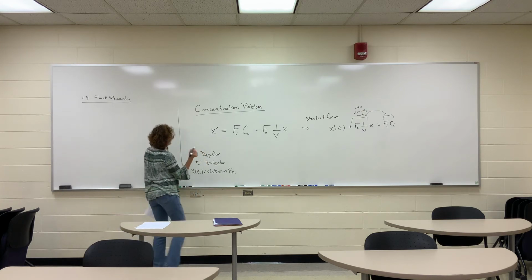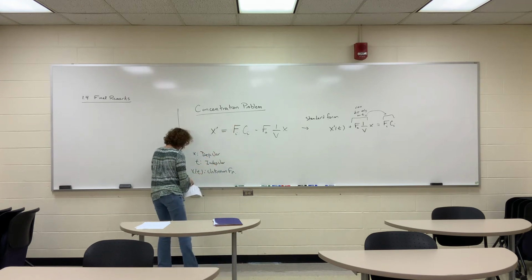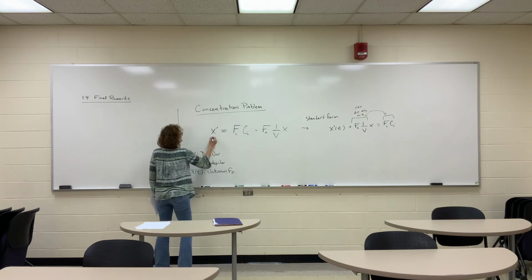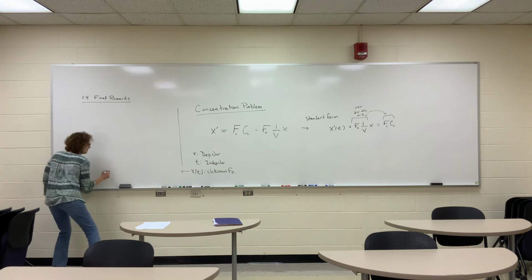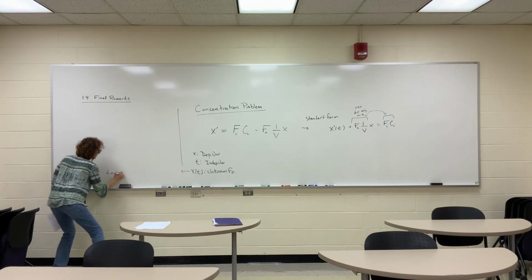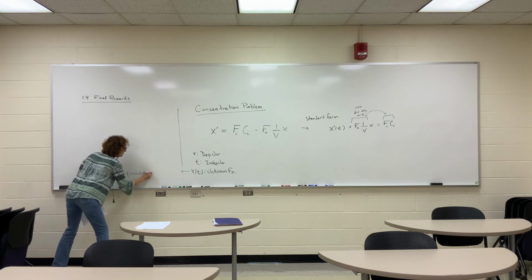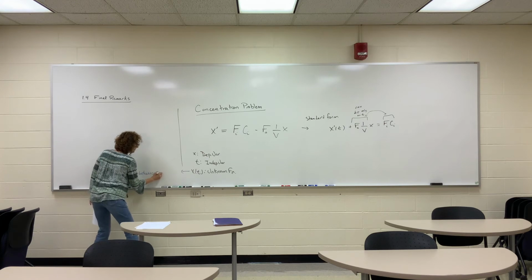So what does this say, right? This says, different color. What does x of t stand for? X of t is the amount of a substance. The amount of a substance. That's what x is, amount, present at time t.